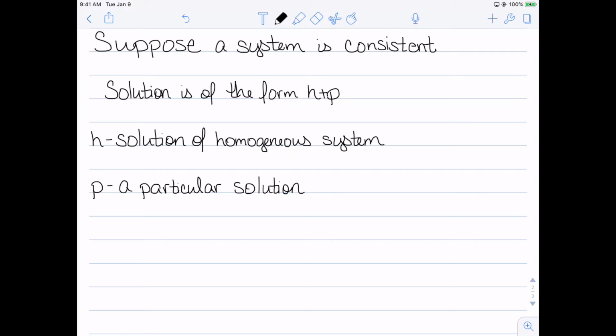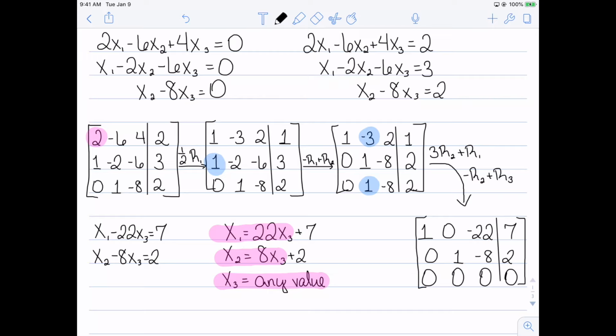So let's go back up to our last example and see if we can understand this a little bit better. So here's our last example. We said the solution should be of the form h plus p, where h is the solution of the homogeneous system and p is a particular solution. We can definitely tell that these are of the form h plus something, where h is the solution to the homogeneous system.